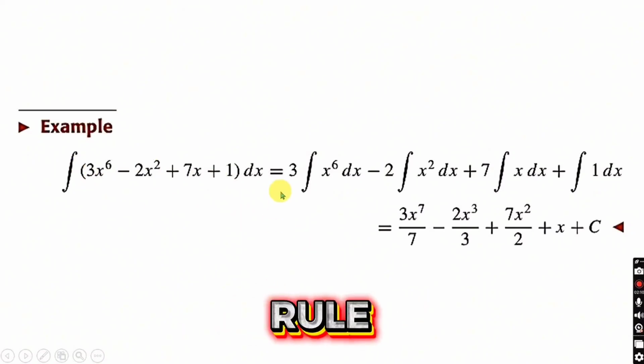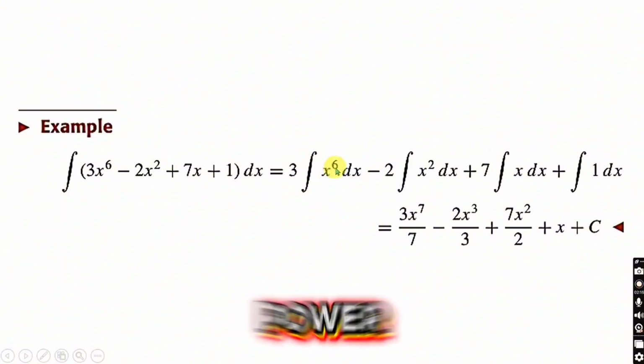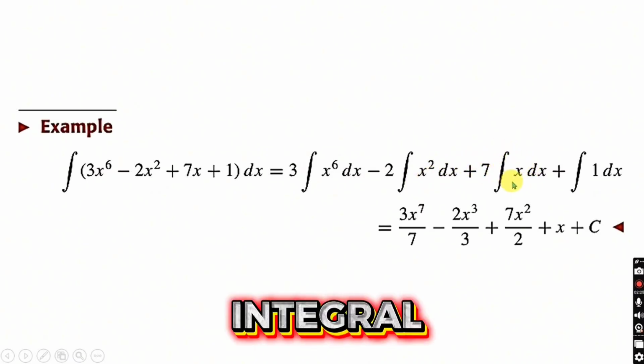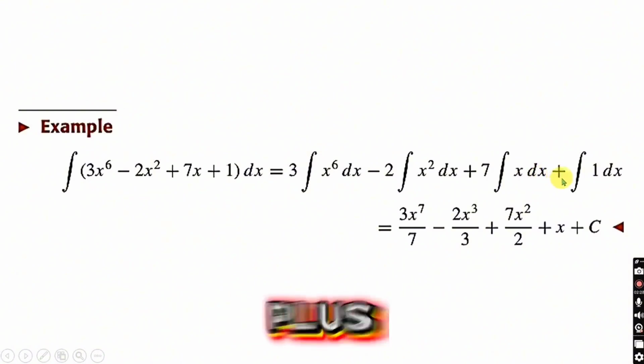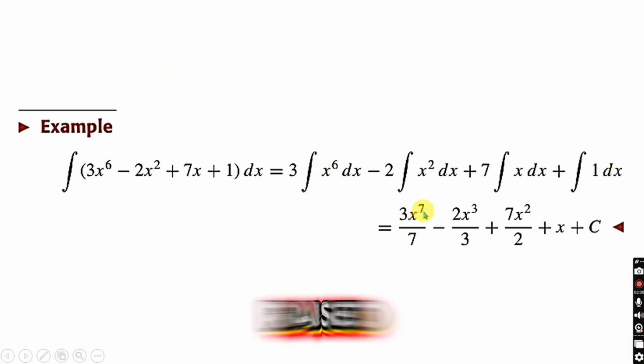Applying the rule, we have 3 times the integral of x raised to the power of 6 with respect to x, minus 2 times the integral of x squared with respect to x, plus 7 times the integral of x with respect to x, plus the integral of 1 with respect to x. Simplifying, we have 3x raised to the power of 7 over 7 minus 2x cubed over 3 plus 7x squared over 2 plus x plus c, or the constant.